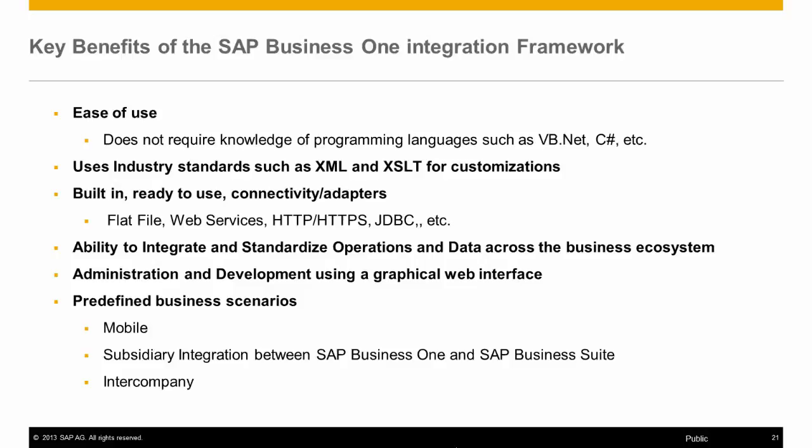We have built-in ready-to-use connectivity types such as flat file, web services, HTTP, and so forth. The ability to integrate and standardize operations and data across the business ecosystem, administration and development using a graphical web interface, and predefined out-of-the-box business scenarios such as mobile, subsidiary integration between SAP Business One and SAP Business Suite, and intercompany transaction processing.